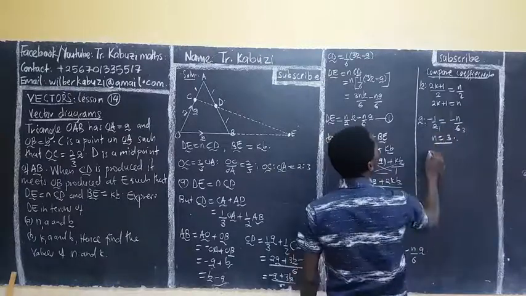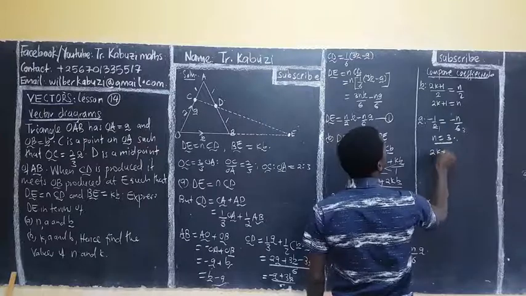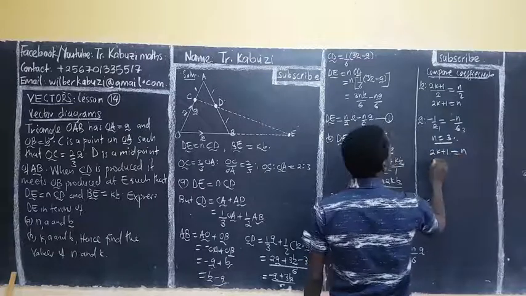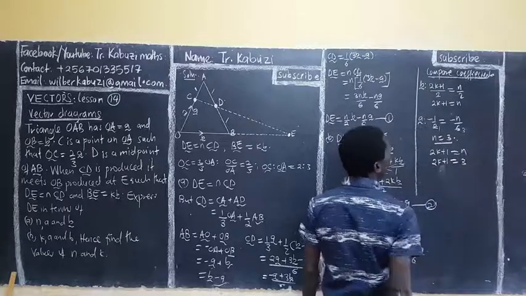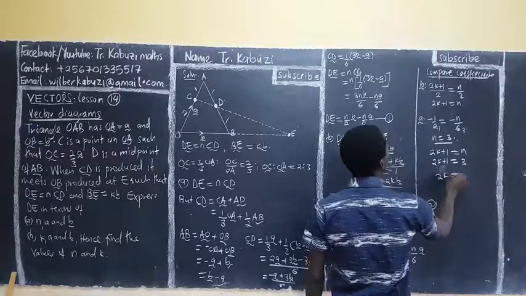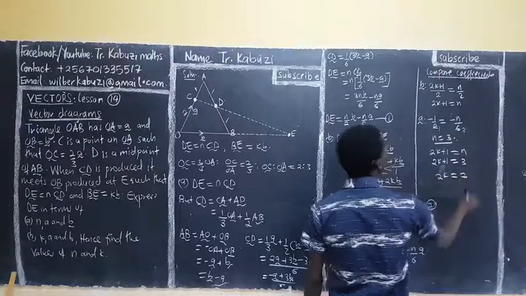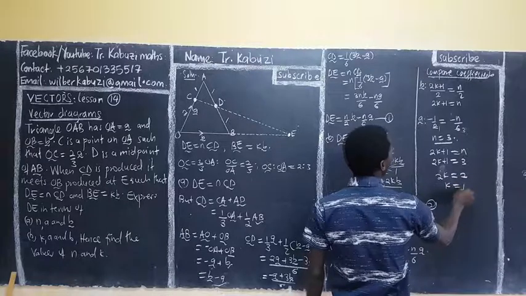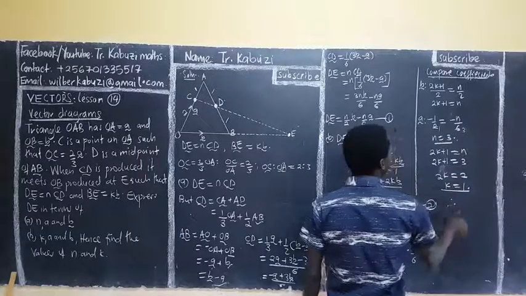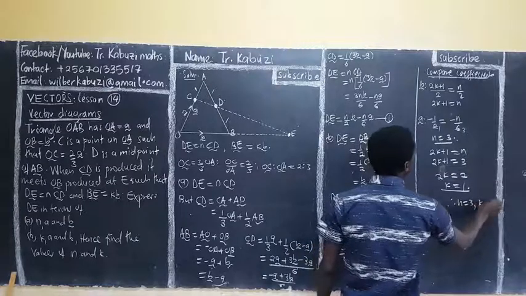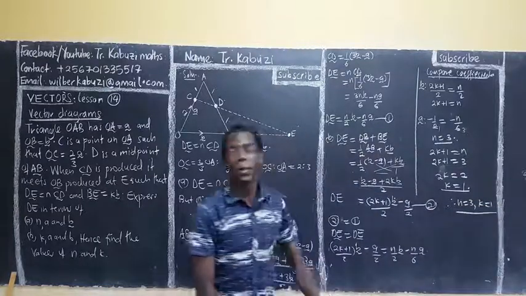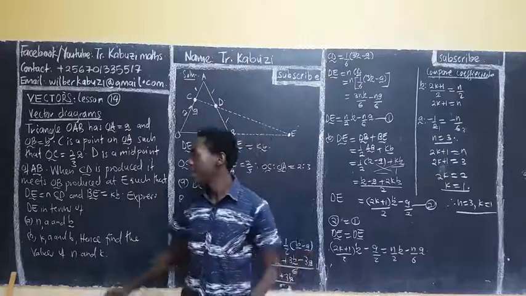From here, our 2K plus 1 is equal to N, so 2K plus 1 is equal to 3. Take this side, so our 2K is equal to 2, and my K is 1. Therefore, my N is 3, K is 1. I've got the values of N and K.